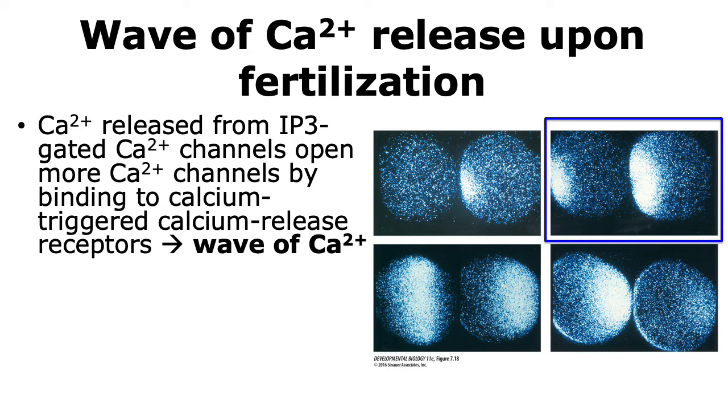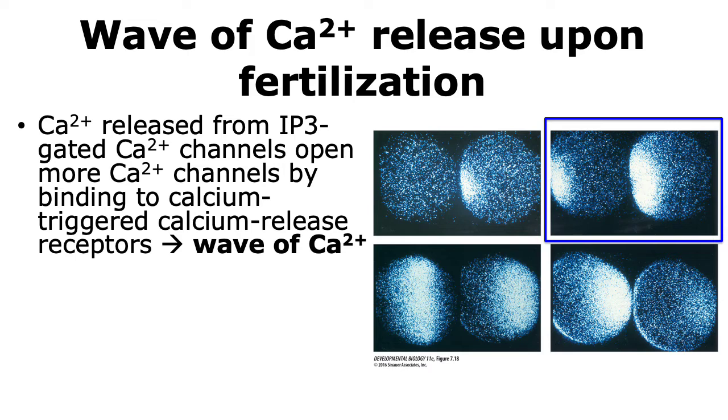When we look at the second picture, both eggs have undergone fertilization, and in both cases the bright white is where calcium is being released. Now the release is occurring on the left side of the egg.